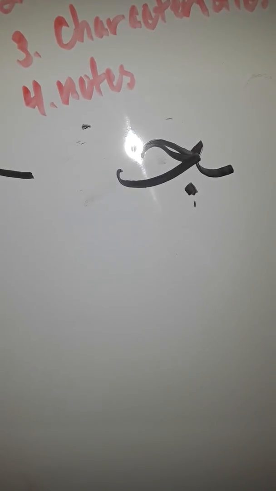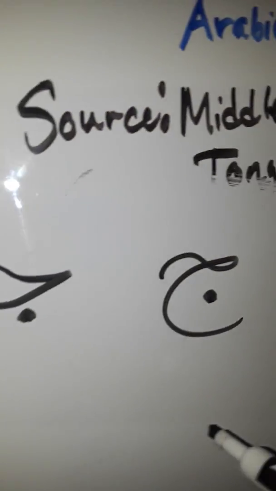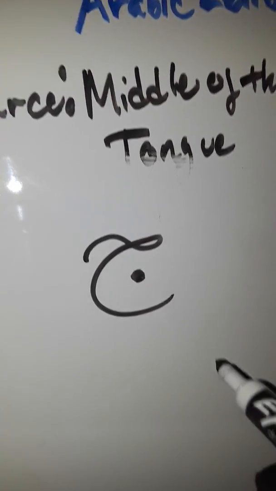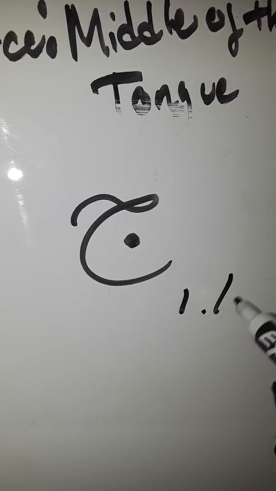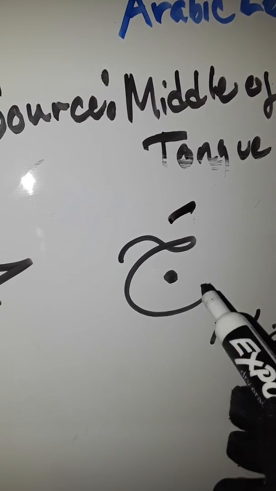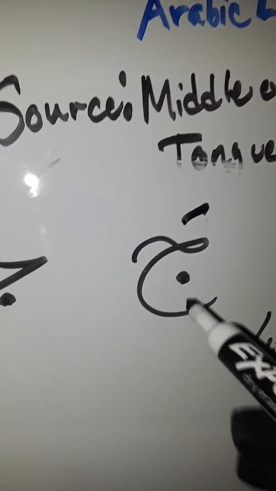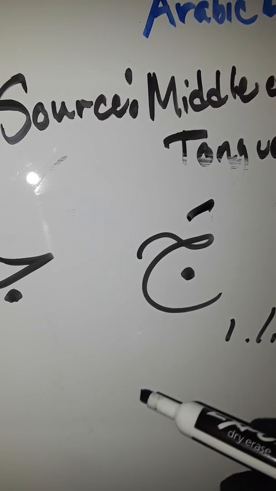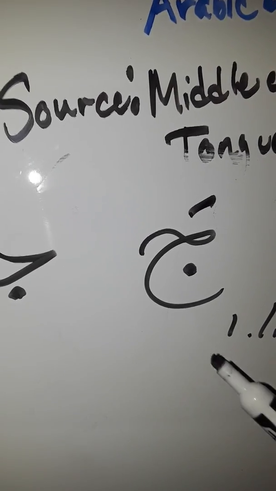So definitely make note of that. The source is the middle of the tongue. The characteristic is that it's light. If we put a fatha on it, it'll be ja. It's not jaw, like jar. It's ja.